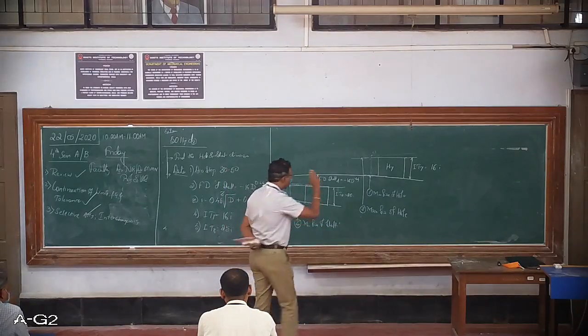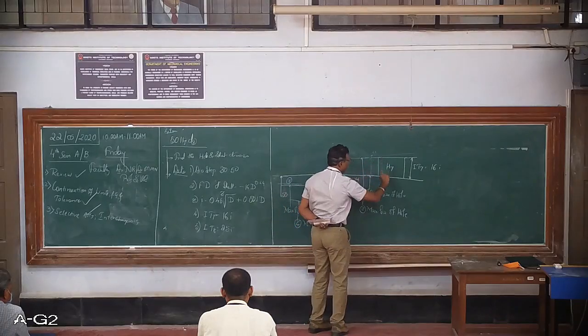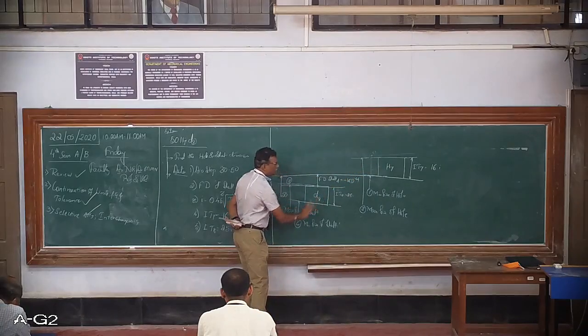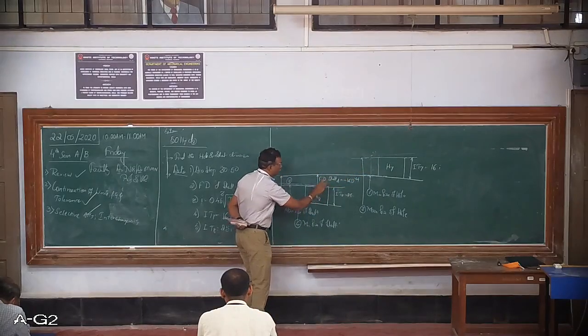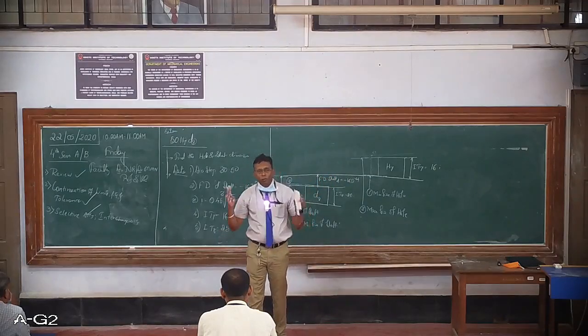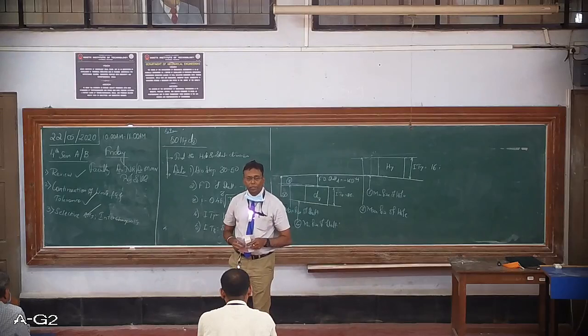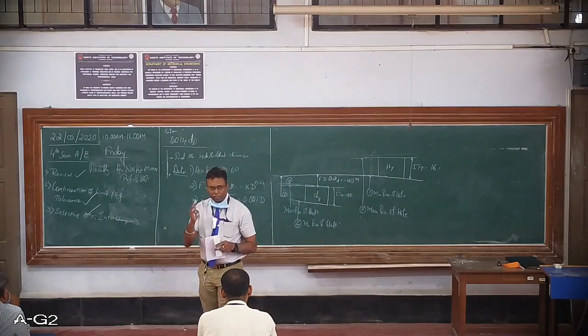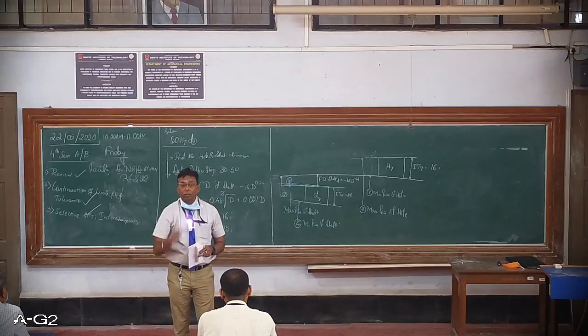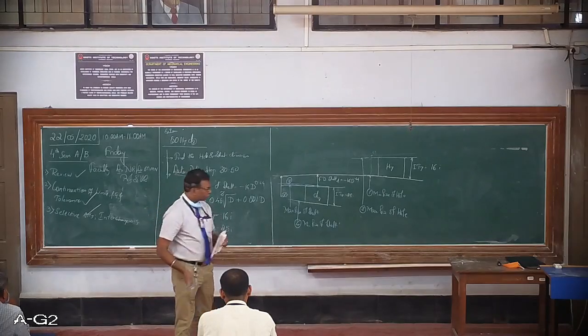So four values for holes, go two values, no-go two values. Another four values for the shaft. So effectively 4 plus 4, 8, and earlier 4. We need to find out 12 values if this numerical has to be completed in all respects. But that is not asked at the moment. We'll go ahead with only the solution for hole and the shaft.